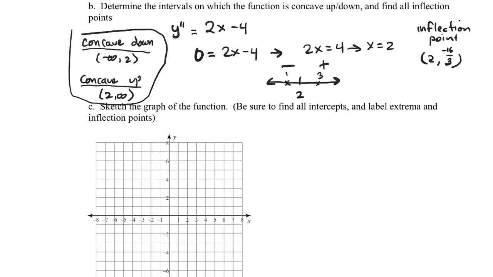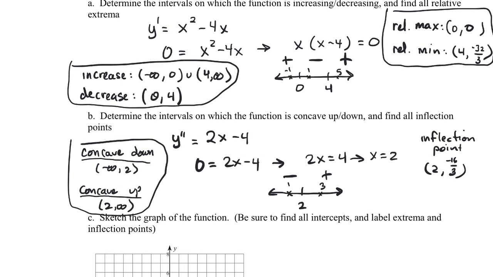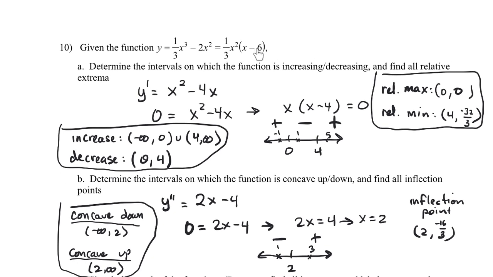Now we sketch the graph of the function. So we have increasing, decreasing intervals, the maximum values, and the inflection point. What we're missing are the intercepts. So the intercepts are found going back to the original function in factored form. Here we're going to have an x-intercept at x equals 6 and at x equals 0.